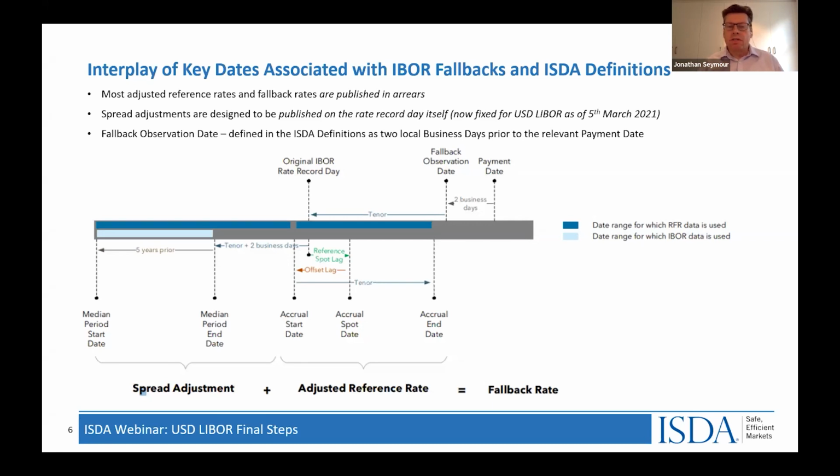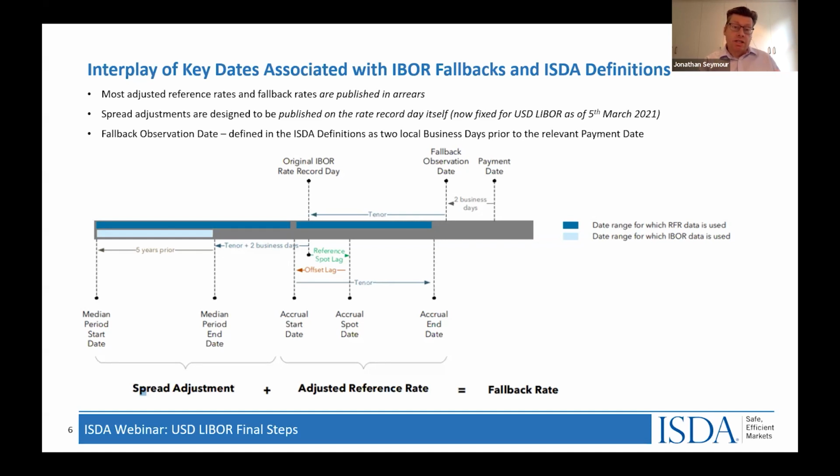If we look at the middle of the slide, you see the term original IBOR rate record date. This is the date for which we're looking for a fallback rate to apply in lieu of the LIBOR rate that would have been used. Now, the spread adjustment has been done, but just to put it into context, you're looking back historically over the 5-year period, plus the term of the tenor and a 2-day business day shift, to observe the LIBOR rates over that period.